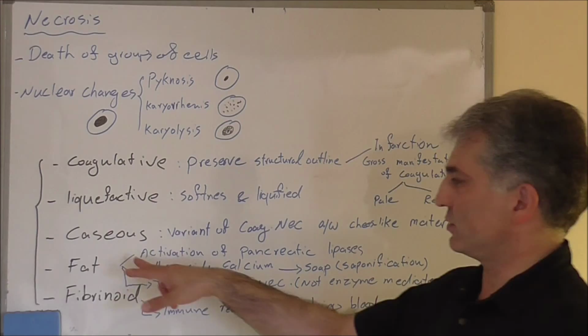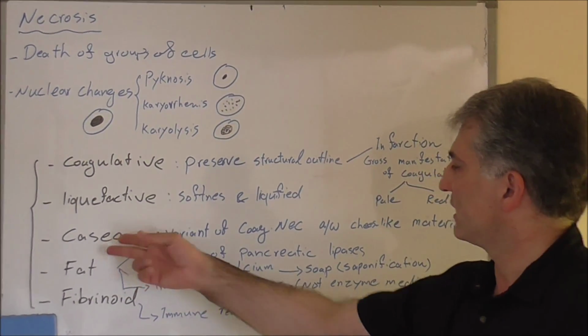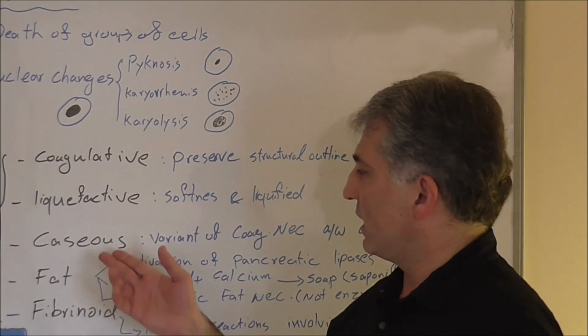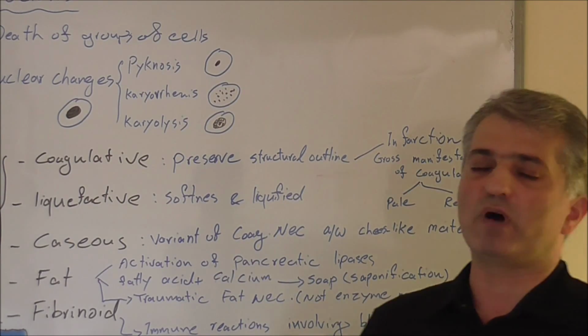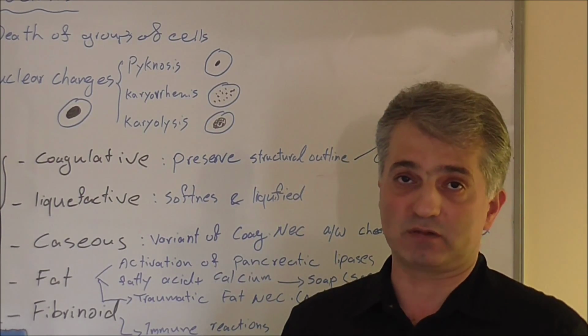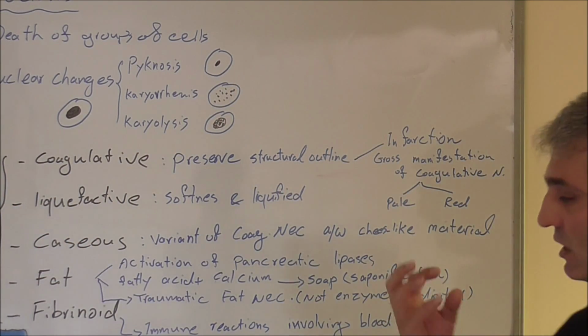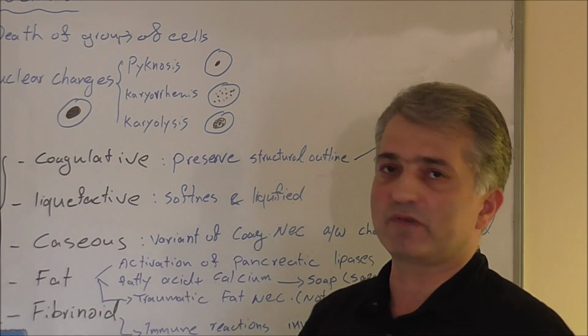What is caseous necrosis? Still, the term is descriptive, because caseous means something like cheese. And what is this necrosis? Actually, it is one variant of coagulative necrosis. That means the structure is still there. However, we will see some cheesy-like material. That's why we use the term caseous.